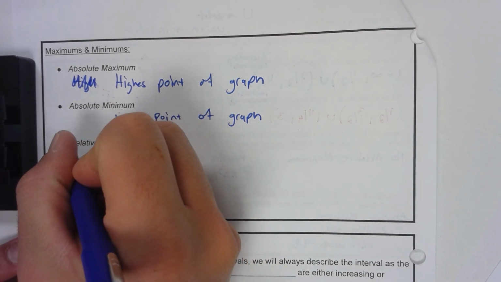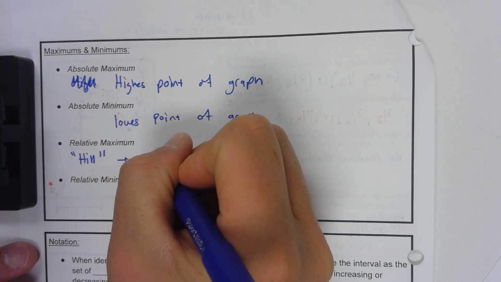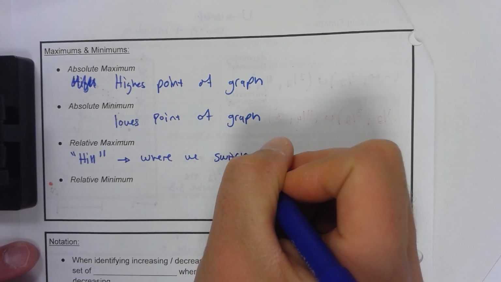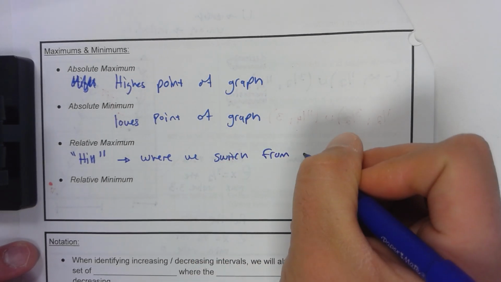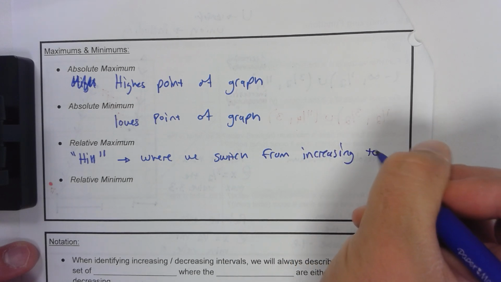So for the maximum, let's say it's a hill. And that hill is created by our function increasing and then decreasing. Okay, so let's make another note of that. It's where the function switches, so where we switch from increasing to decreasing.